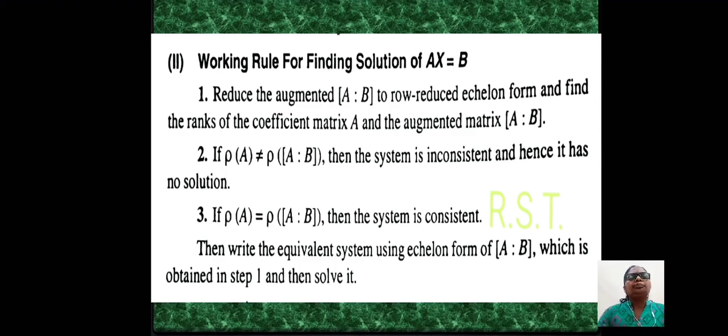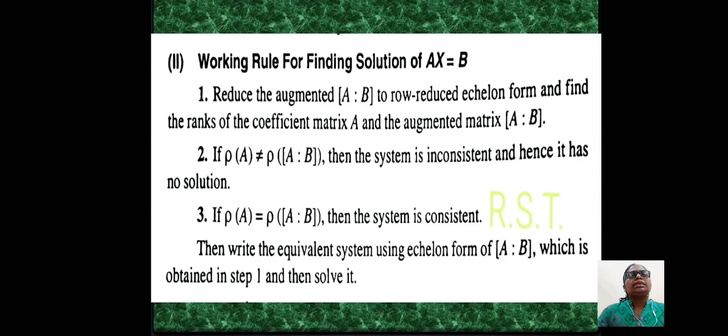That means you have to convert the augmented matrix into row reduced echelon form. That means the leading element must be 1 and below the leading element you have to make 0 in that column, and the number of zeros must be increasing and the zero row must be in the last position in the given matrix.